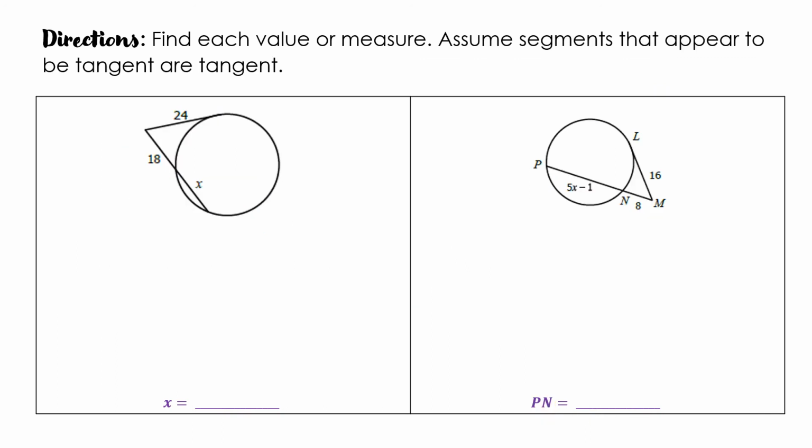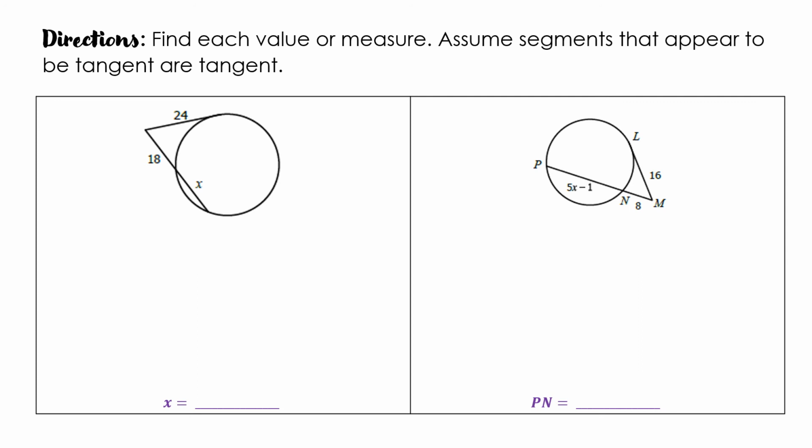Our last two examples are type 3 problems. The reason that you know that is because you have one secant and one tangent that intersect outside the circle. So to do these types of problems, you're going to take the tangent squared and set it equal to the outside length times the whole length.